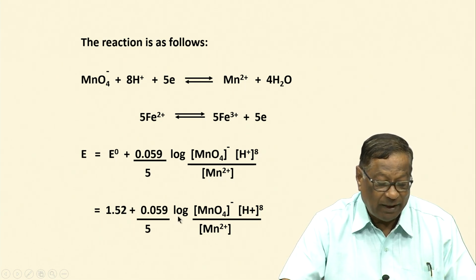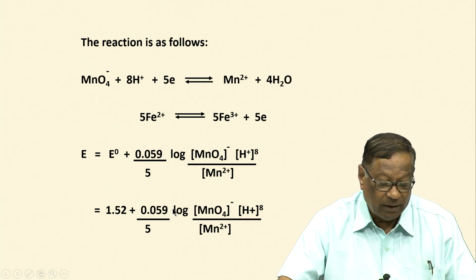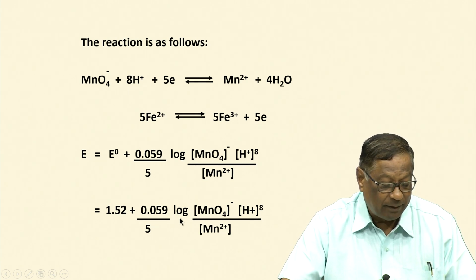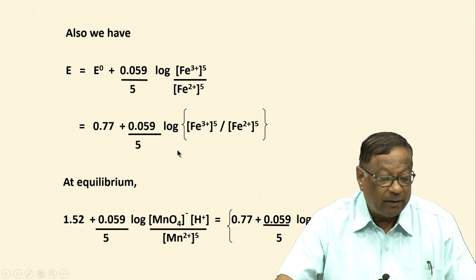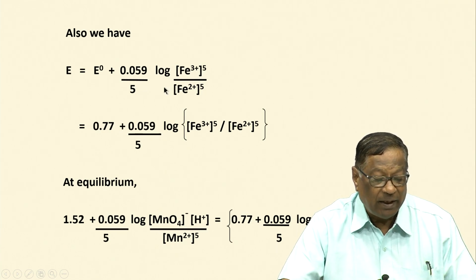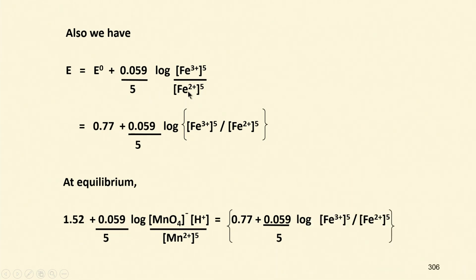If I put 1.52 here, I can write the correct value, and we also have another reaction, that is log of Fe3+ by Fe2+ whole raised to 5, with 0.77, the standard reduction potential for ferric ferrous, and 0.059 divided by 5.